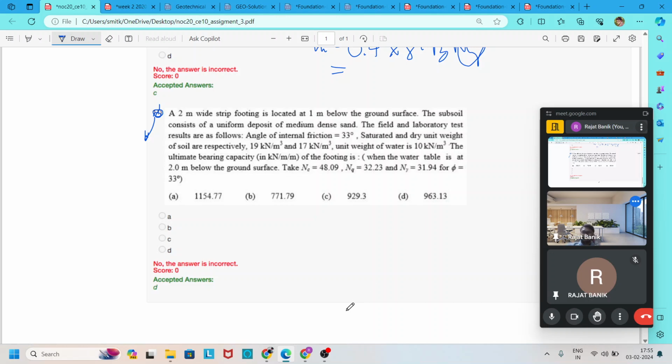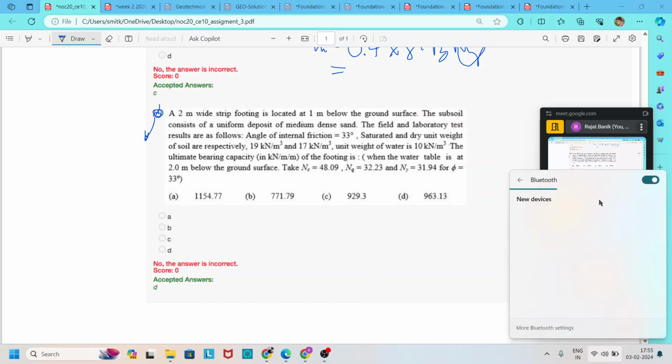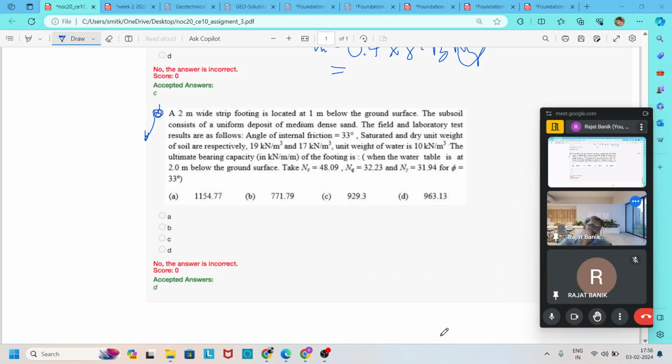It is said that a 2-meter wide strip footing is located at a depth of 1 meter below the ground surface.